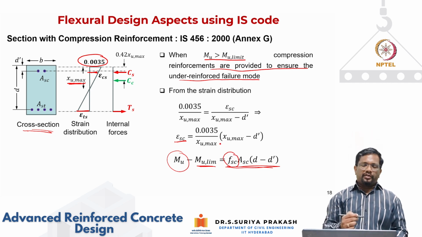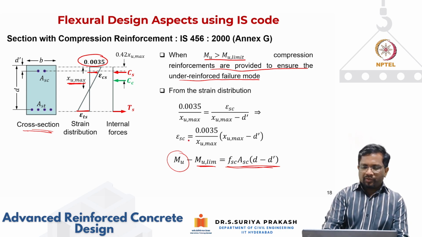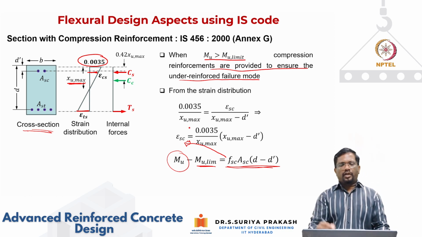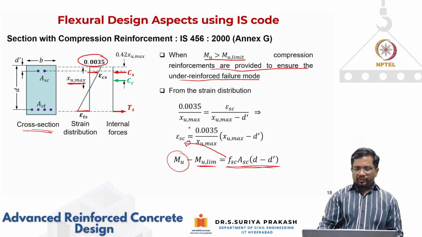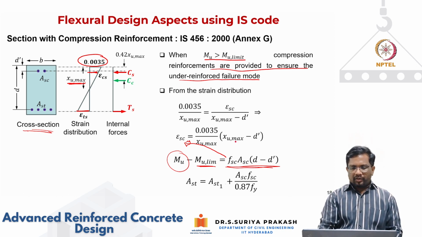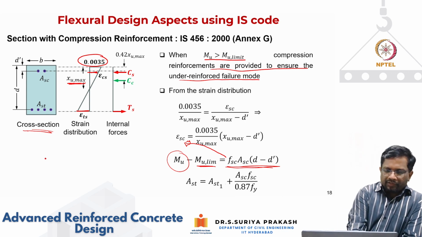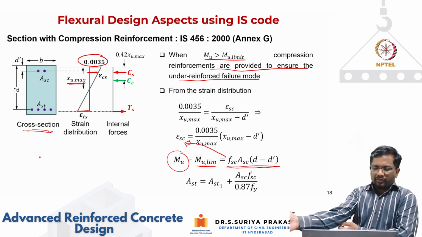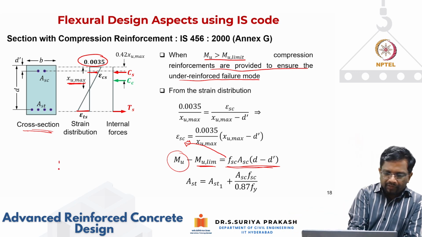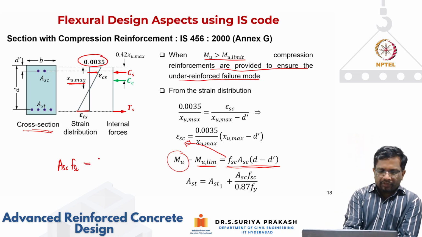Now, how do we calculate the stresses? I have to calculate them from your epsilon SC that we have calculated from the similar triangle. Once it is known, then we can calculate it. Then the additional steel that I am providing is nothing but your ASC multiplied by FSC, which is the compression force that we are getting, which is your Cs.